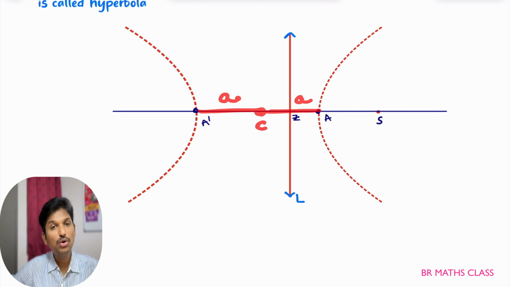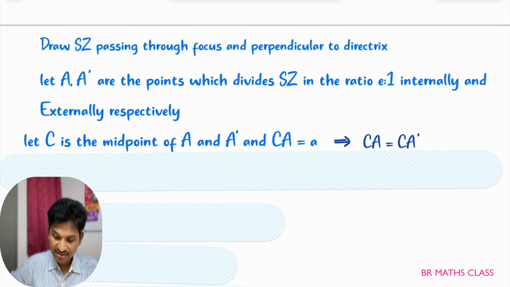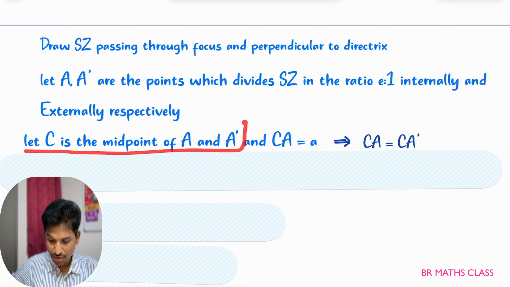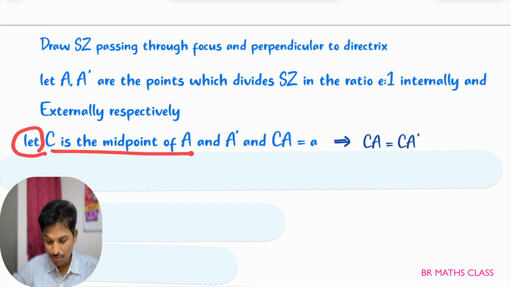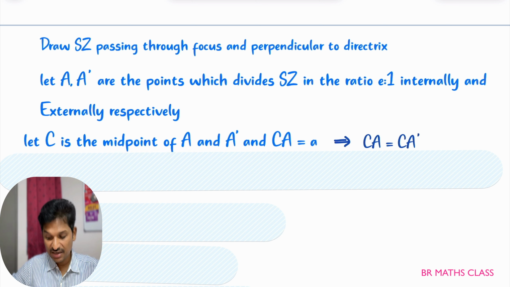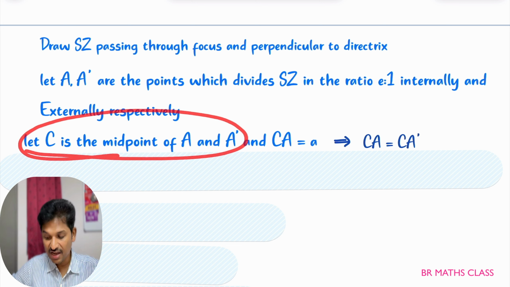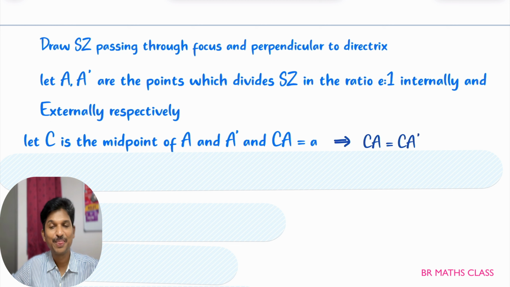CA dash is also a, as C is the midpoint of AA dash, right? As we have taken C as the midpoint of AA dash, CA equals CA dash. I hope things are clear to you.